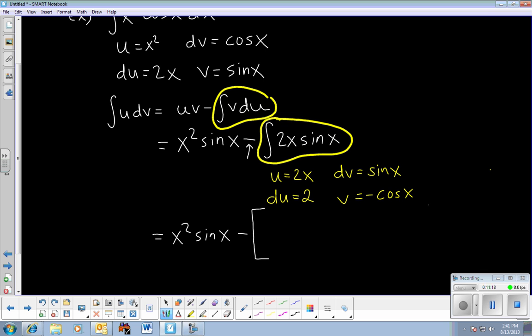This area is where we do the next uv minus the integral of v du. And that's going to go in there. And like I said, I'll let you finish that up to keep this video a little short. So the overall answer is going to have 3 parts, and we can talk about the final answer in class.